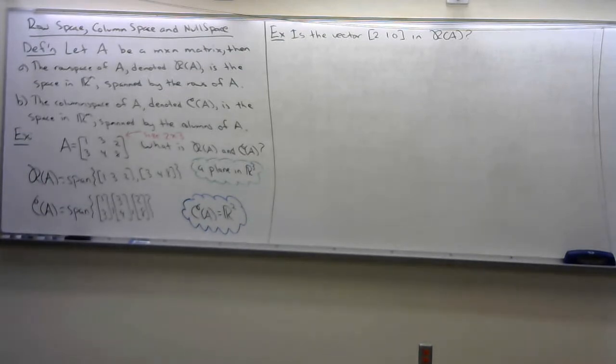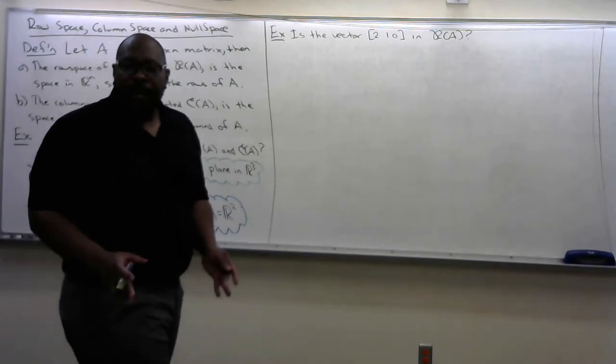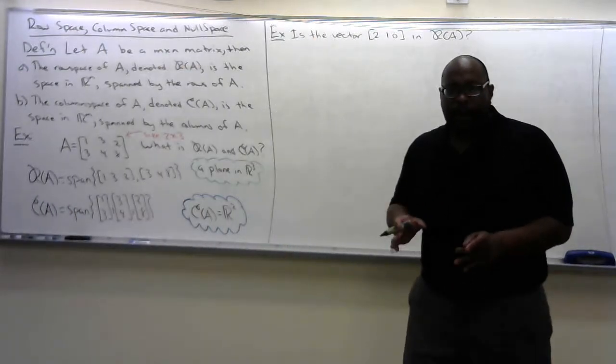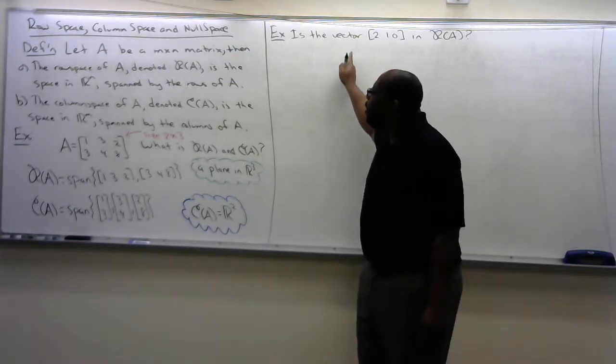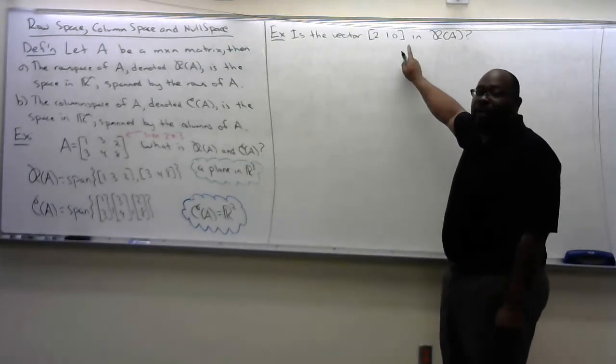Well, how can I figure out if the vector 2, 1, 0 is in the row space of A? If it is, then there should be a linear combination of the rows of A that will get me 2, 1, 0.